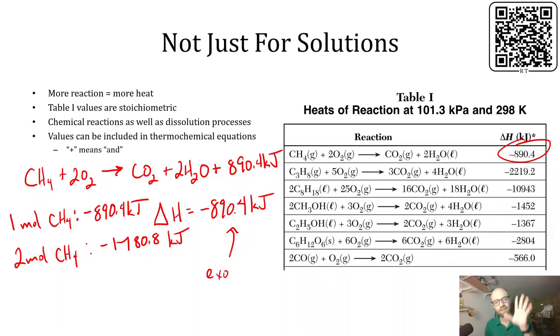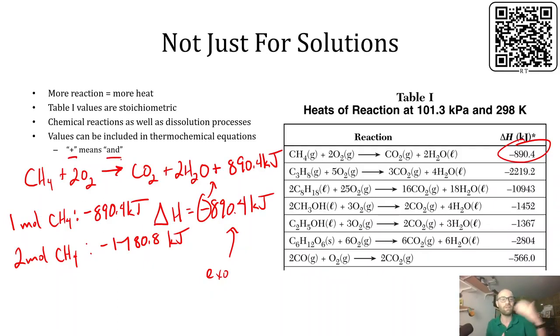I understand the confusion here, because if delta H is positive, then you write the heat on the right side. Sorry, the left side. If delta H is negative, you write your heat on the right side. But you'll notice that even though the heat is negative, I wrote plus 890 kilojoules. That's because in a chemical reaction, plus doesn't mean positive. Plus means and.